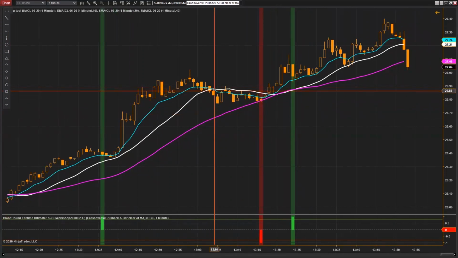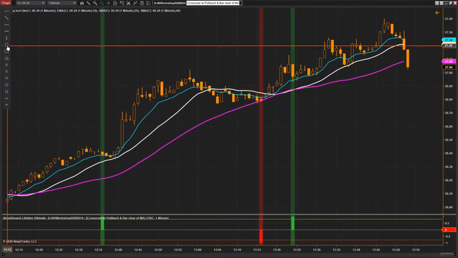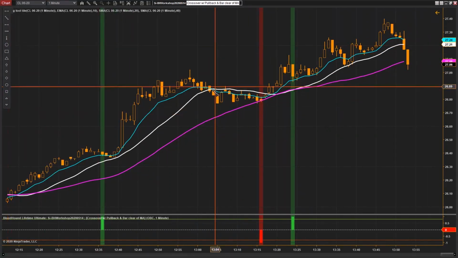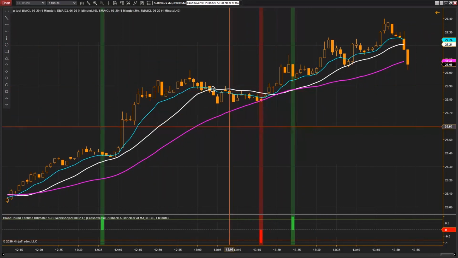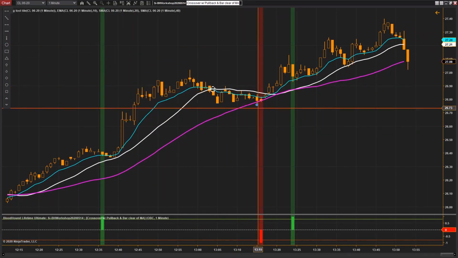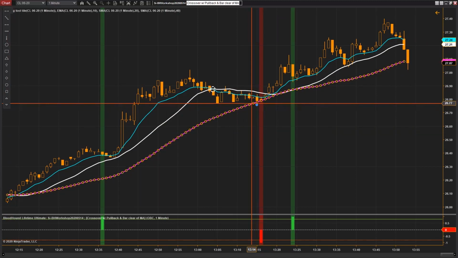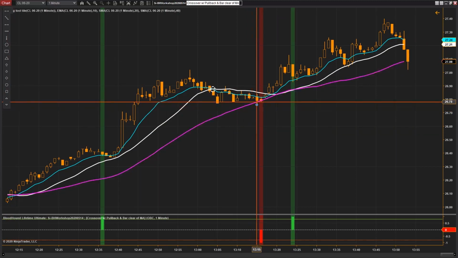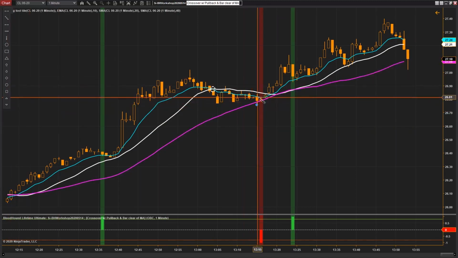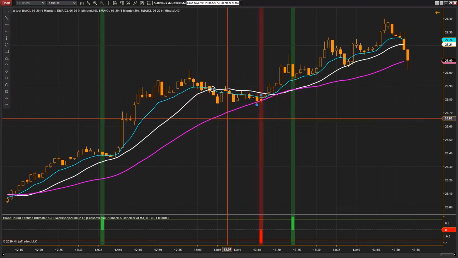So we had to get step 1. So there we go. That crossover step 1, we had to get a candle touching the slow moving average, and then we had to get a candle touching the fast moving average. Yeah. All right. Cool.